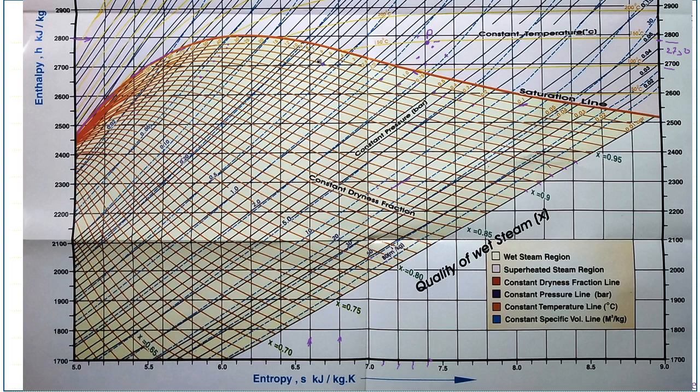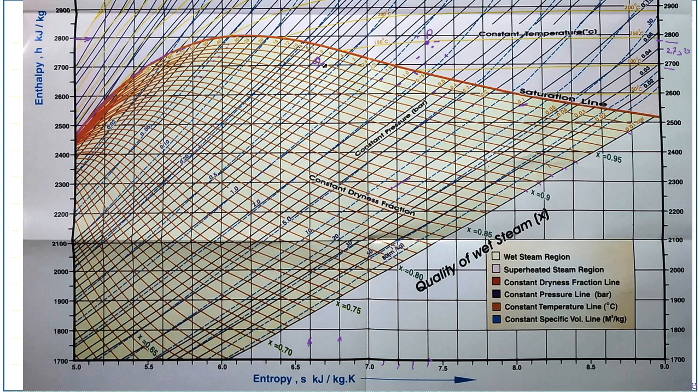So this point we mark as Q. The second line dryness fraction is 0.98.